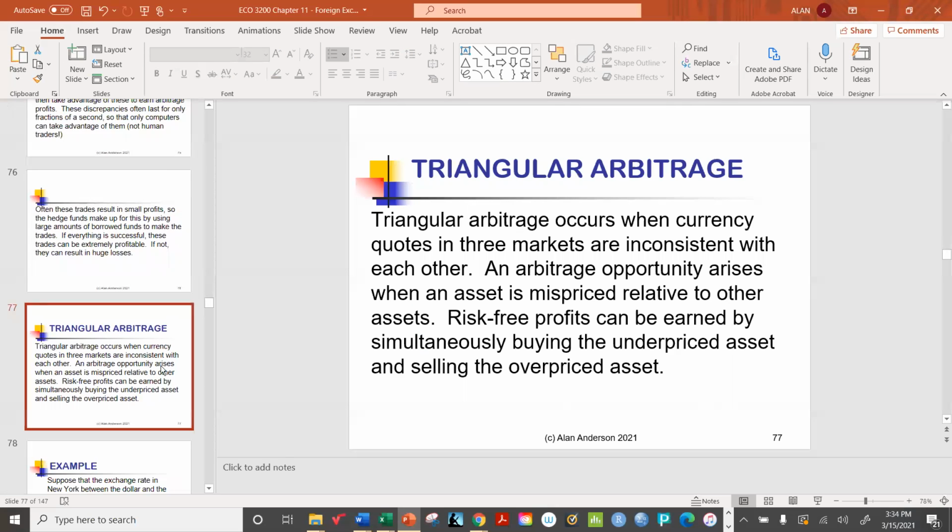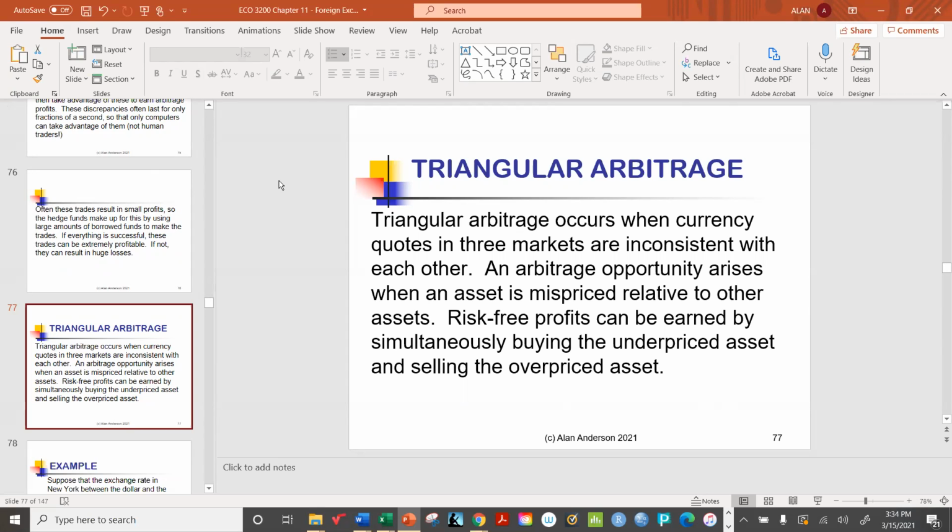It's called triangular arbitrage. Now, this involves, as you can imagine, three different currencies that, if they become misaligned with each other, then we could take advantage of this and earn arbitrage profits.